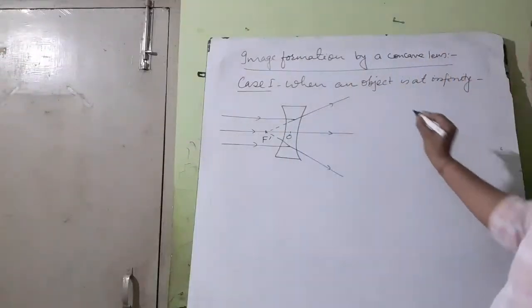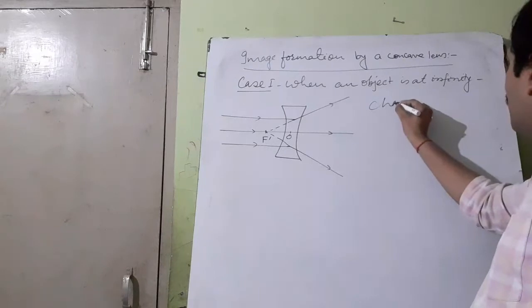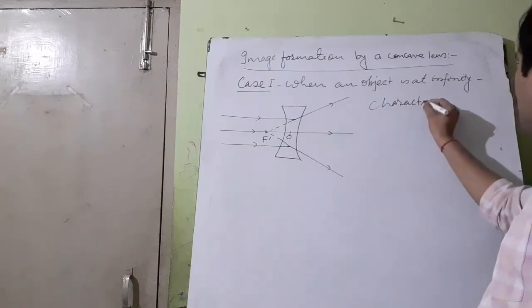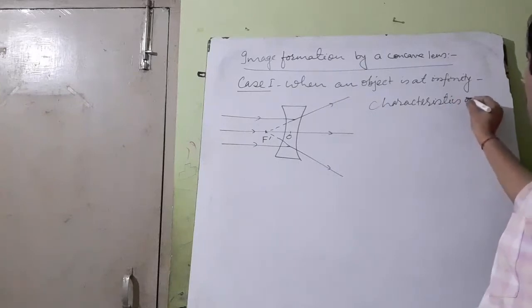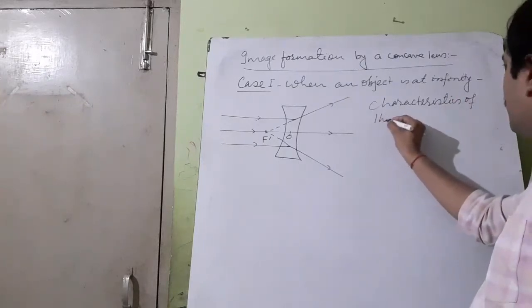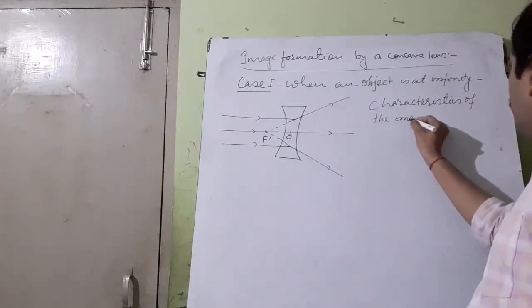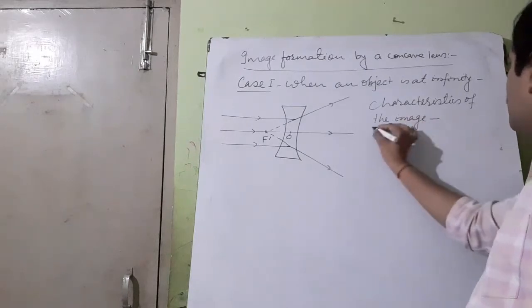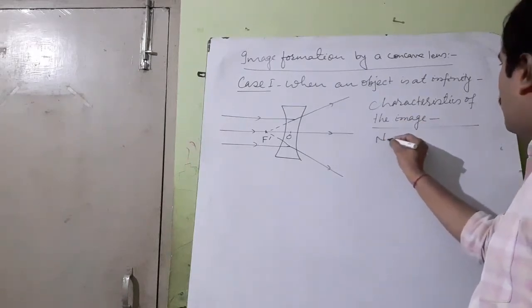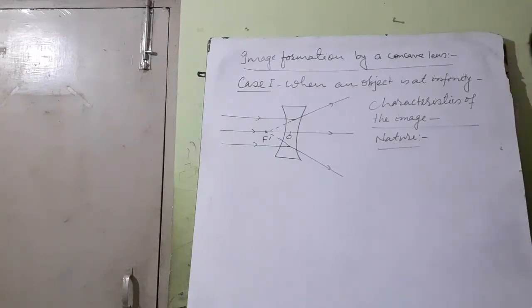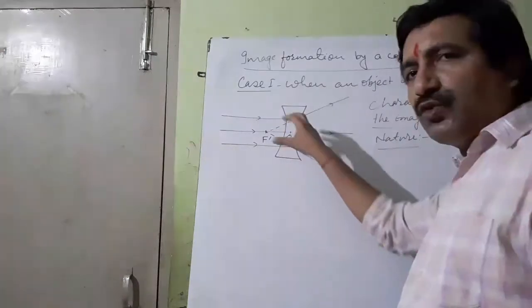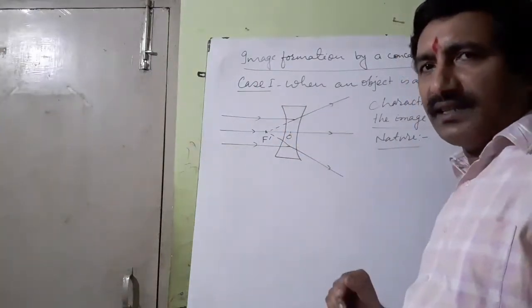Now see the characteristics of the image. In characteristics, we discuss the nature of the image. The image is obtained due to virtual intersection of refracted rays.